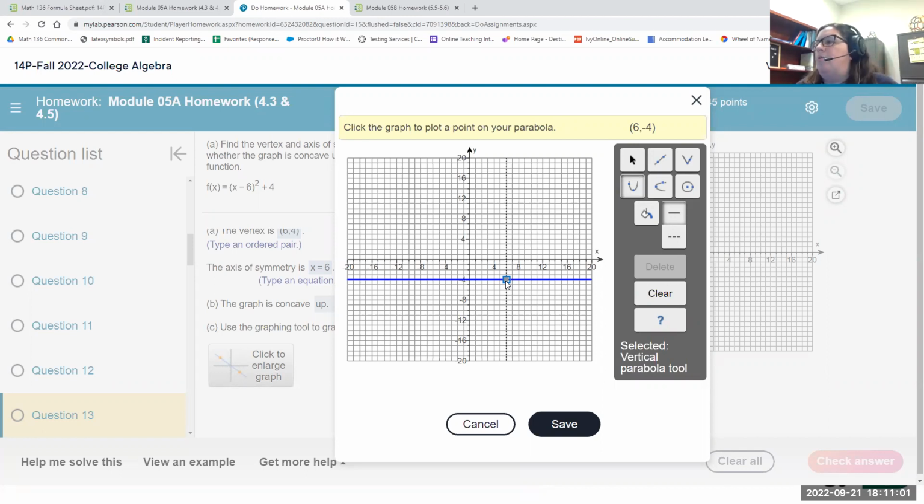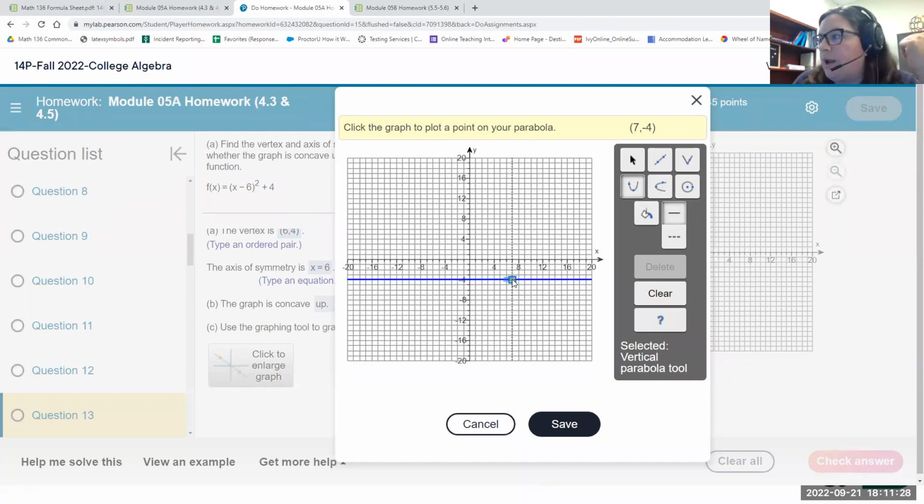Often, if you just plug in an x value that's close to the x value of the vertex, so like 5 or 7 or something, plug it into the equation and see what it comes out to. But the other thing is, if you look at the value of a, so in this case a was 1, there wasn't any number out front of the parentheses, so it's 1, then that tells you how far you're going to go up if you go 1 unit to the right of the vertex.